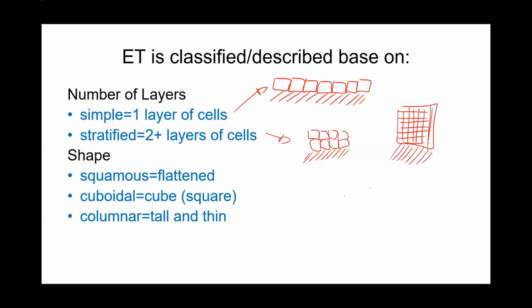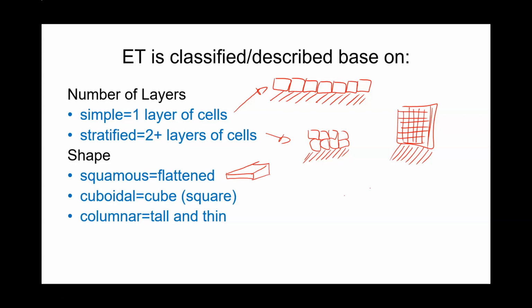The second way that epithelial tissue is categorized is based on the shape of the cell. Some cells are said to be squamous, right? They're thin and flattened. So a thin, flat cell might look like that. I know it's kind of lopsided, but you get the picture.